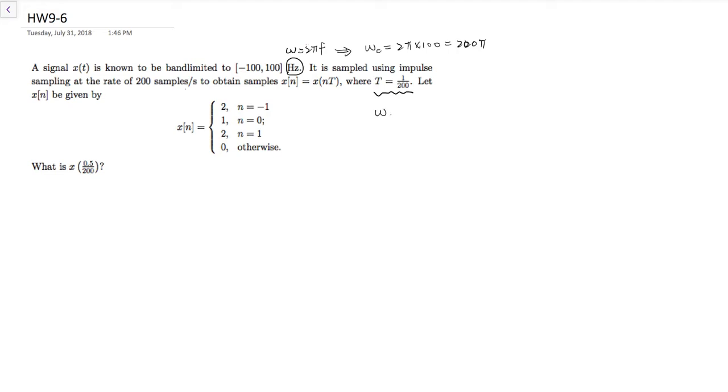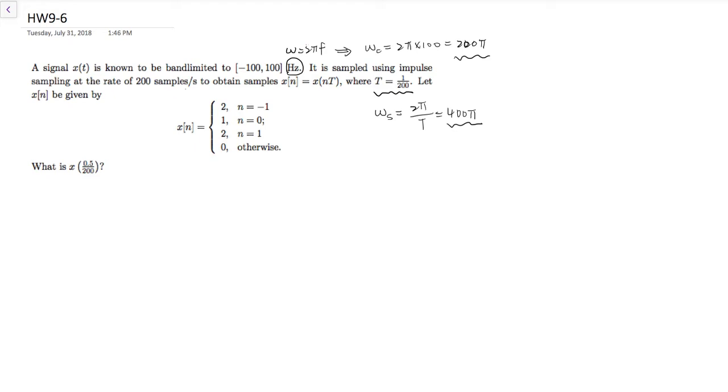So our sampling frequency is 2 pi over T, which is 400 pi. And we can see our sampling satisfies the sampling theorem. That means our signal has no overlap. It was preserved perfectly.